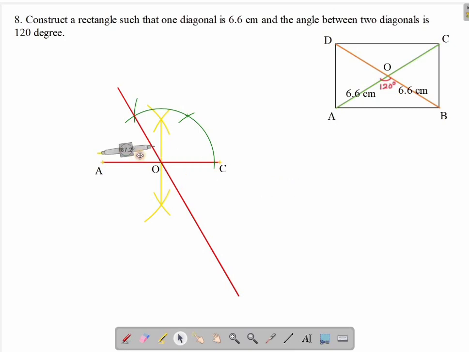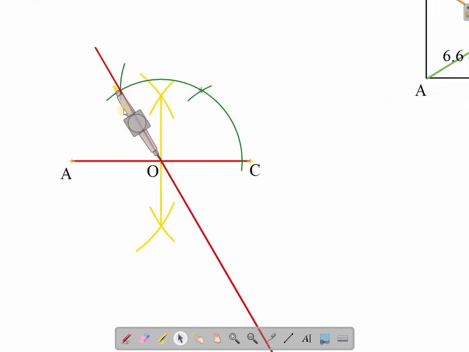Now we will keep it at O again, and then we will cut this extended line on both the sides. Okay, so now you join it.